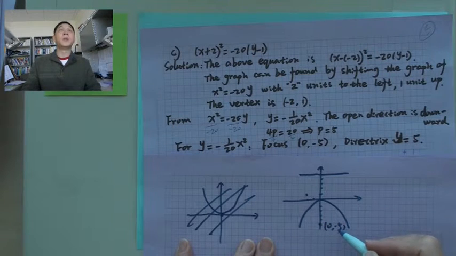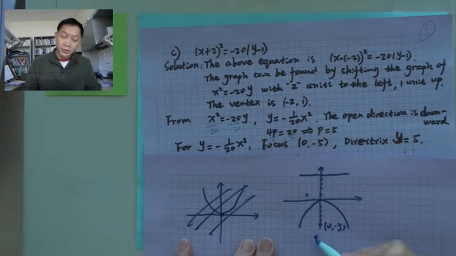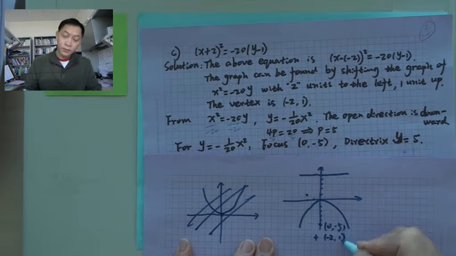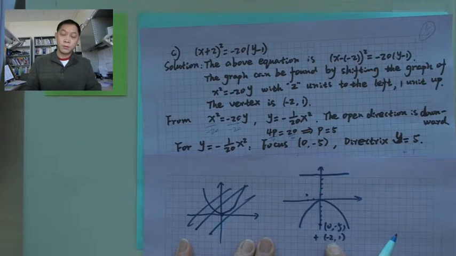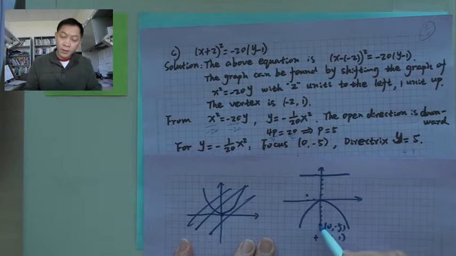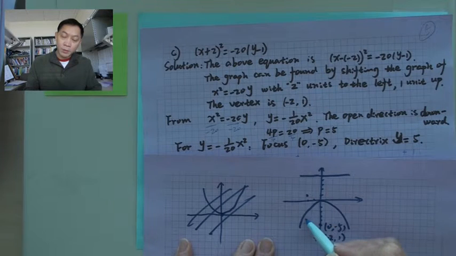Now what you do is add -2, 1. So -2 add on 0, you then have this point going here. And then -5 plus 1 is -4. So you know this point, the focal point, will be somewhere here.